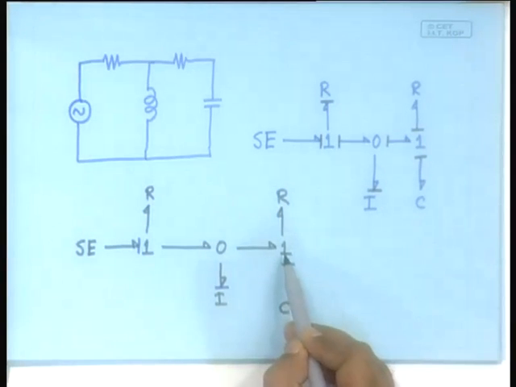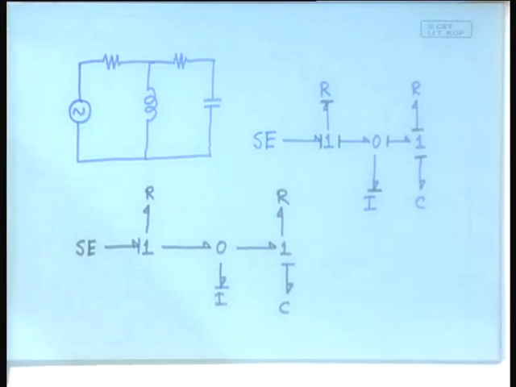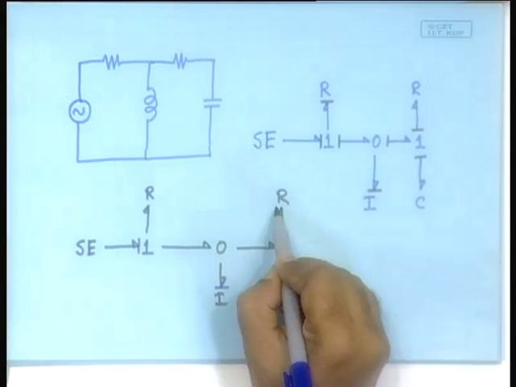Now, this one junction needs the flow information in order to be complete. So, let us do it like this.